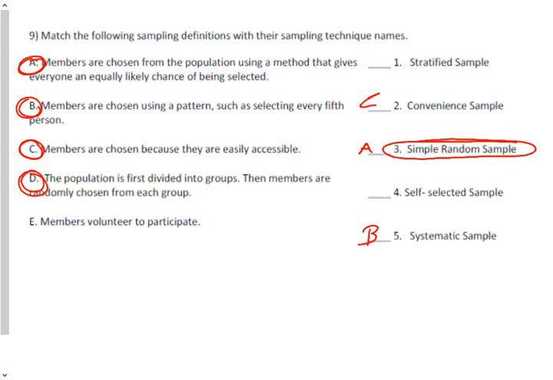D, you divide everybody up into groups and then randomly choose from each group, which is called a stratified sample. Now, the reason you might do this is because you want equal representation from each of the groups of people. For instance, in a class, I might want equal representation between guys and girls.